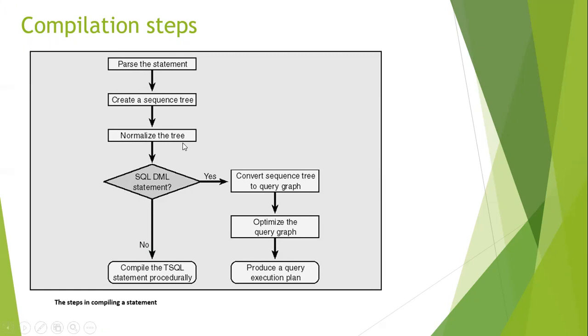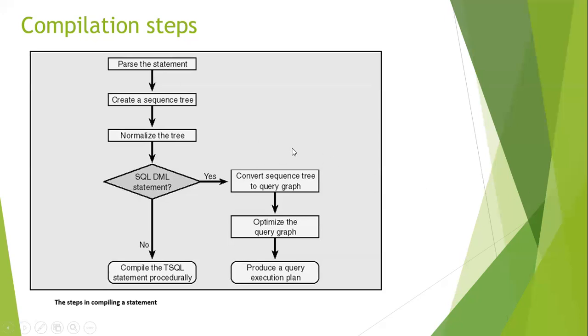It is nothing but dividing the query into multiple segments or multiple parts, so that it is not a complex statement to execute. If it is a big query, it is difficult, or it takes more time to generate a plan. Instead, it divides the query into different segments to normalize the tree.